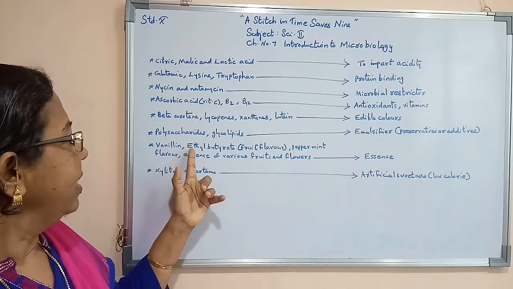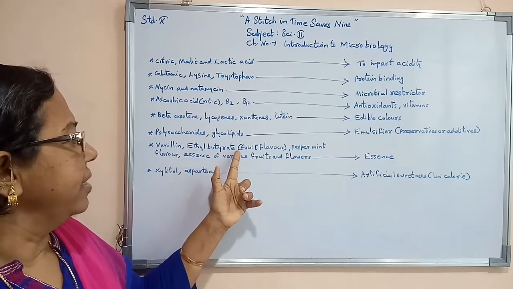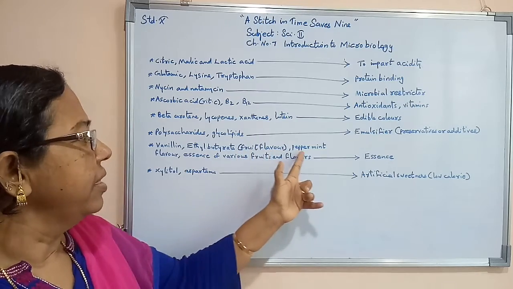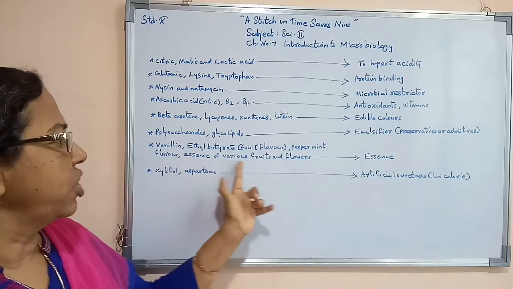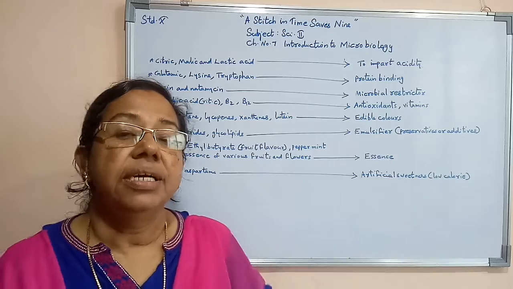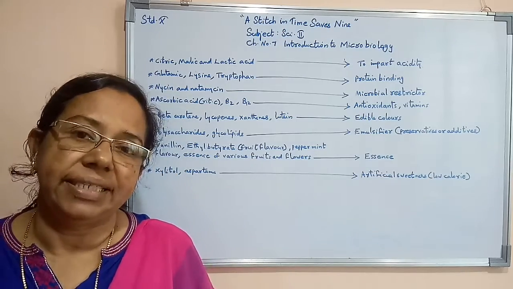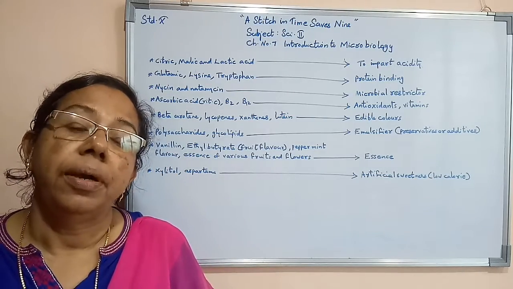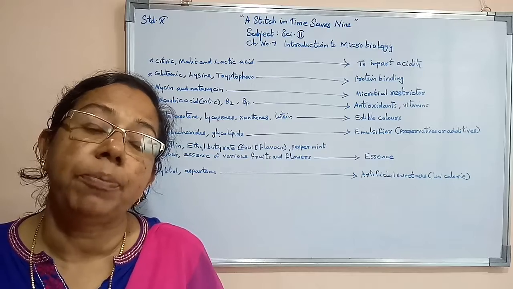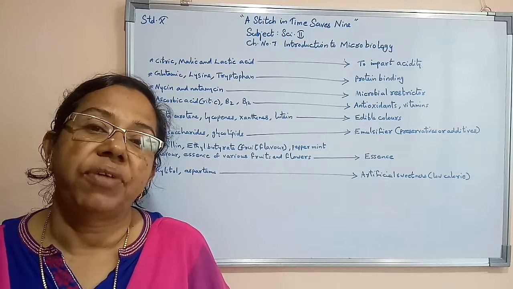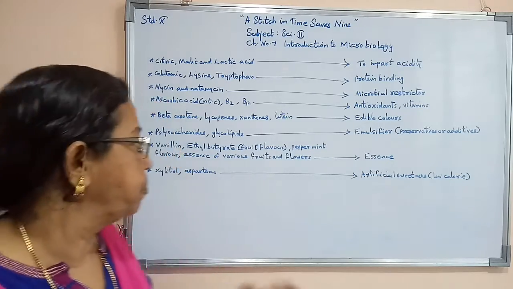Now vanillin and ethyl butyrate give fruit flavor, peppermint flavor, essence of various fruits and flowers. These essences are also made because of the microbial processing of different microbes.